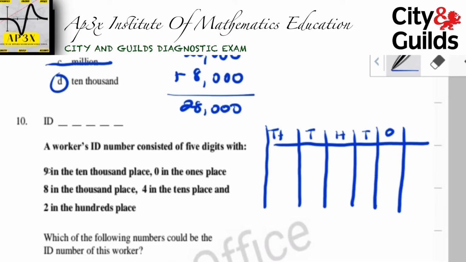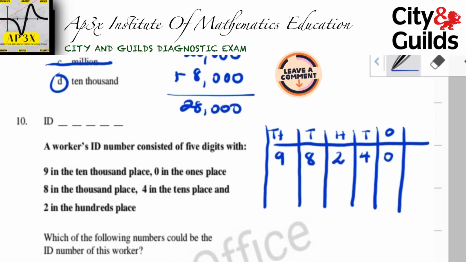It says that the 9 is in the 10,000s place, so the 9 goes here, and the 0 is in the ones place, so that's going to be here. The 8 is in the thousands place. Then the 4 is in the tens place, and the 2 is in the hundreds place.